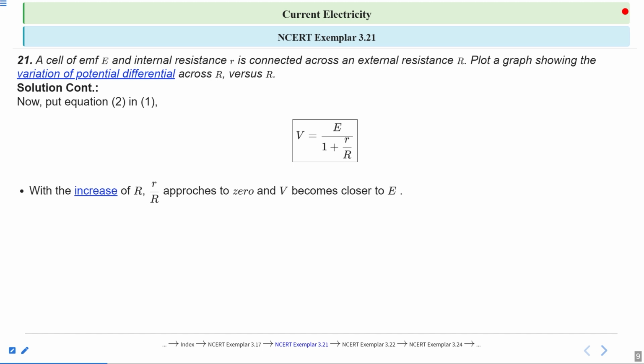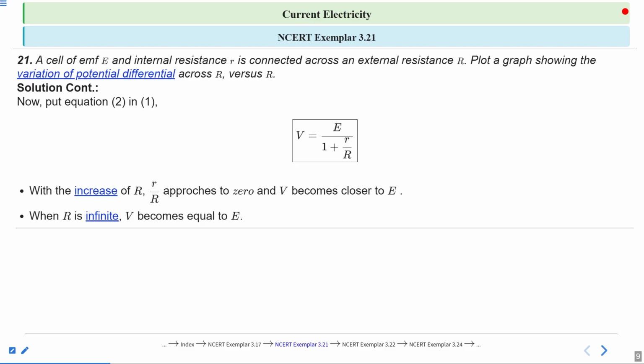And if small r upon capital R approaches 0, then only 1 remains in the denominator and E in the numerator, so V becomes closer to E.